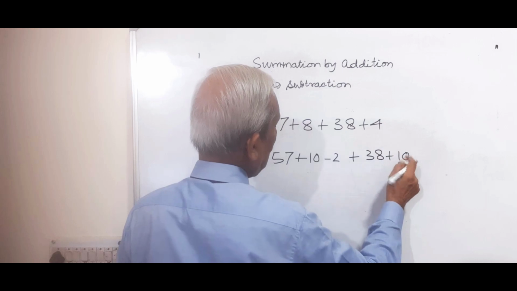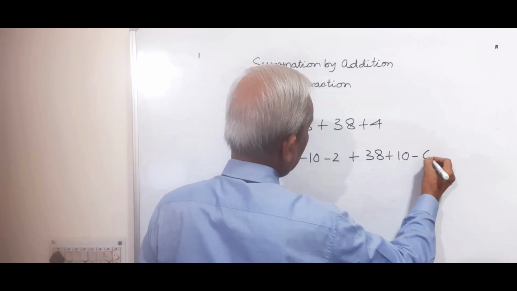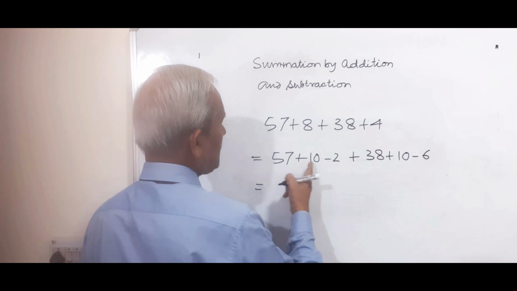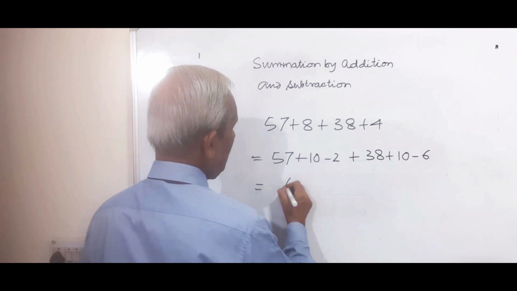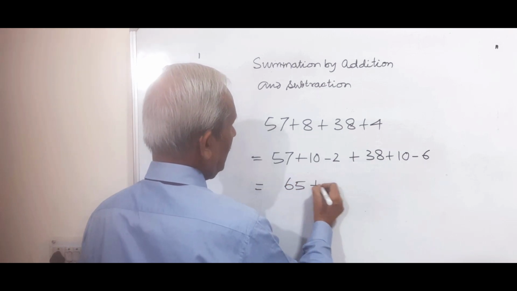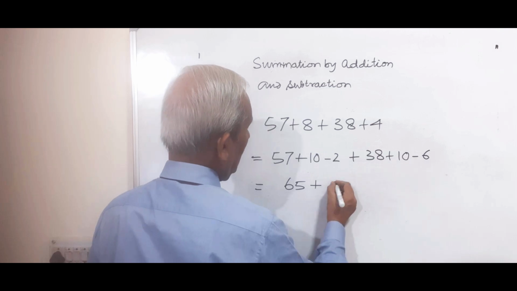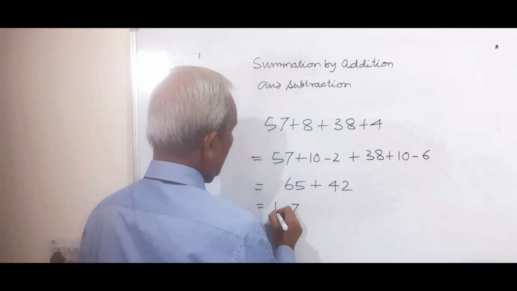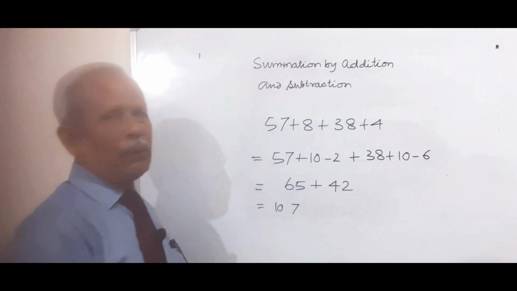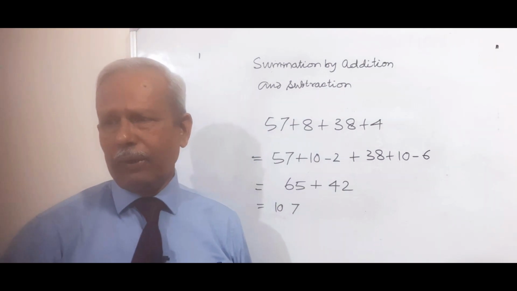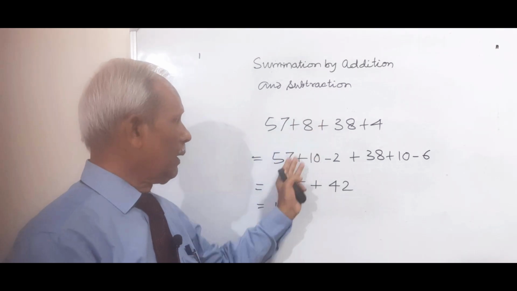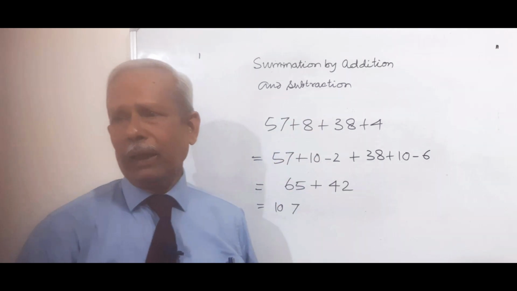We have taken 6 more here, minus 6. So what happens? 67 minus 2 is 65, and here it is 48 minus 6 is 42. And now we can make a total of 107. That's how we can do it. This becomes easier for us by breaking it like this.